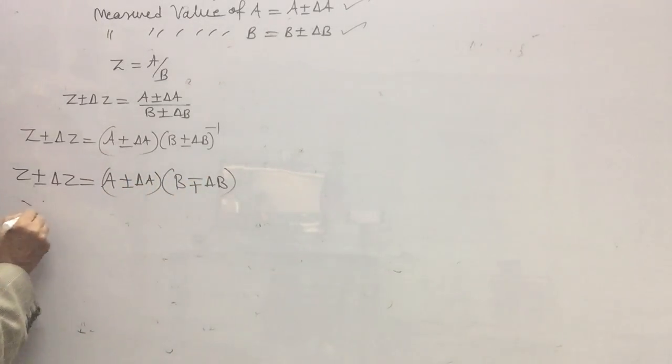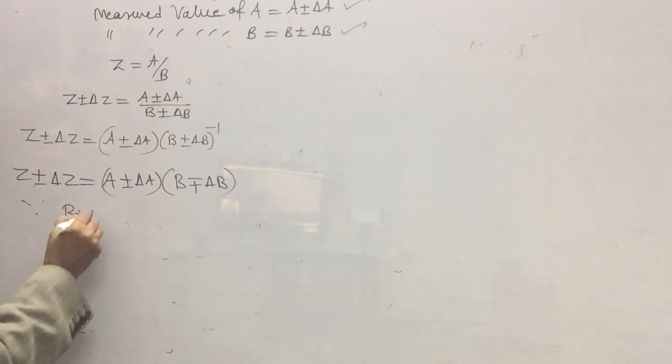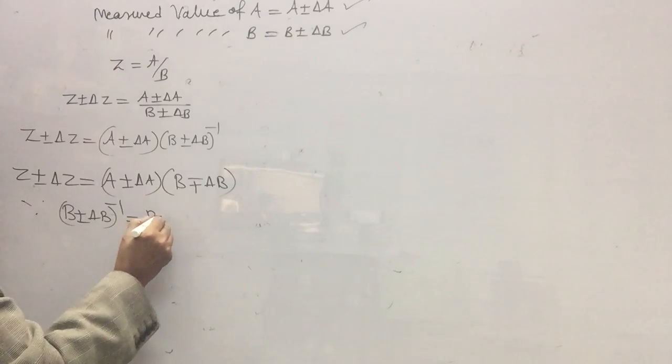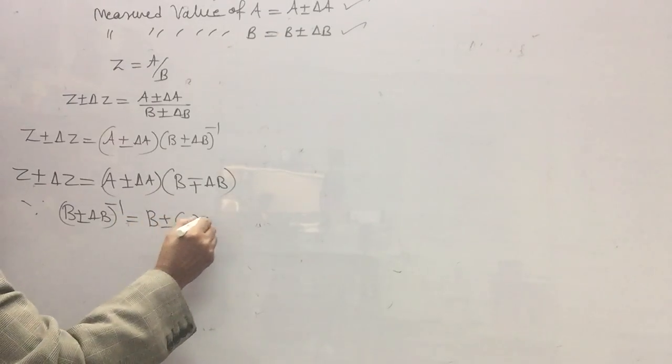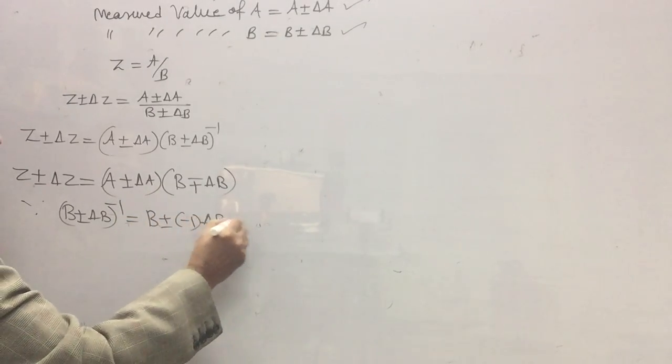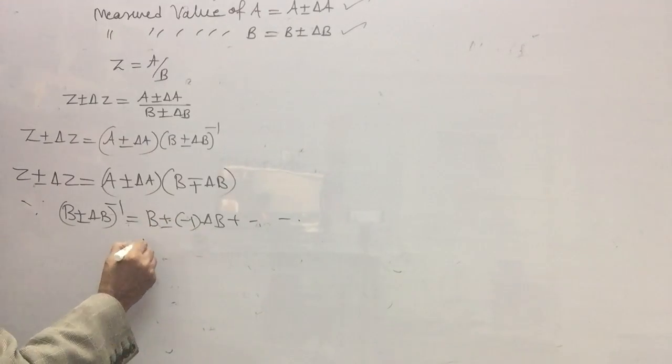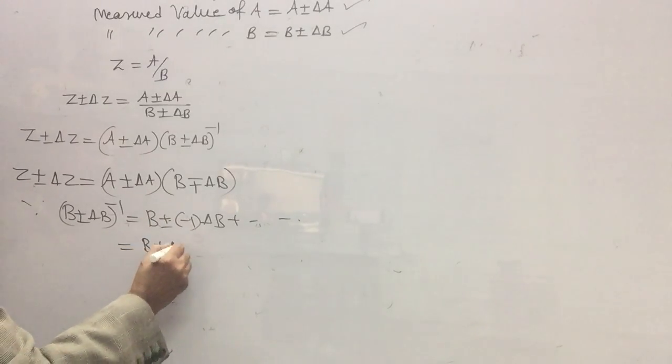We use binomial: b plus minus delta b to power minus 1 is b to the power minus 1, and neglecting higher terms, it becomes 1 plus minus minus delta b upon b itself.